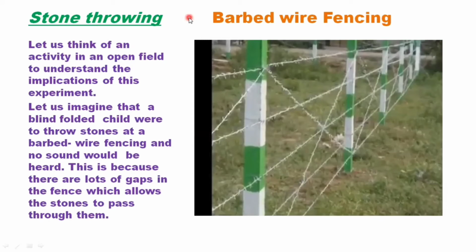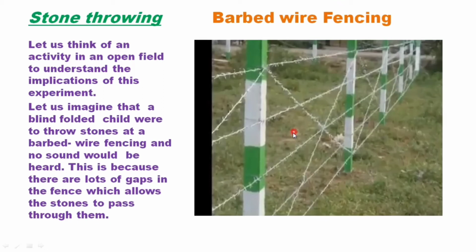Again, we can think of another activity to understand the implications of this experiment. Let us imagine that a blindfolded child were to throw stones at a barbed wire fencing and no sound would be heard. This is because there are lots of gaps in the fence which allow the stones to pass through them. As you can see here in the diagram, there are so many gaps between the fence wires.